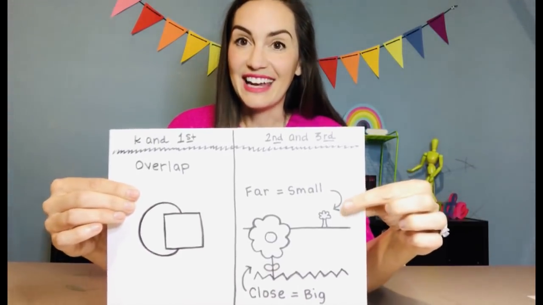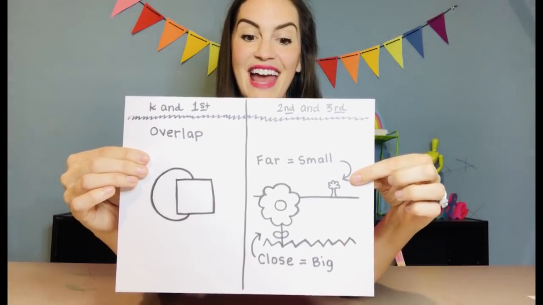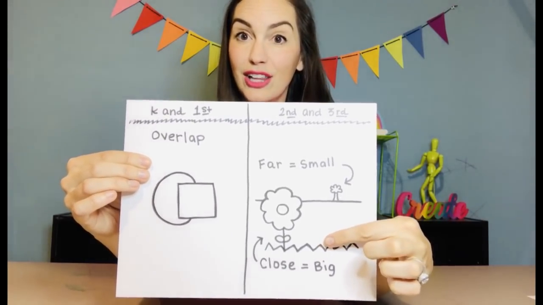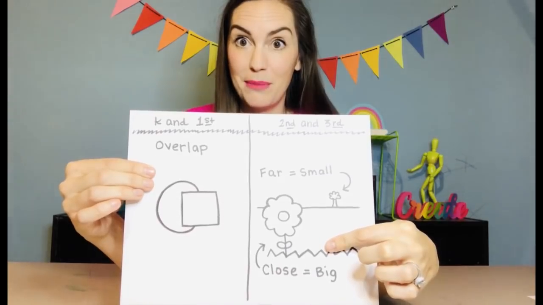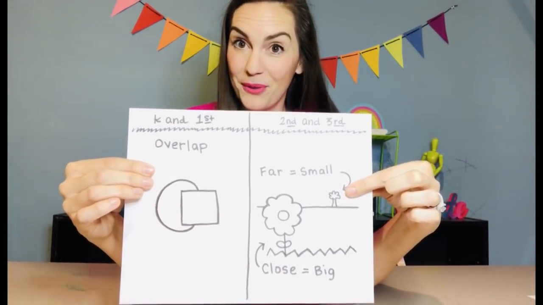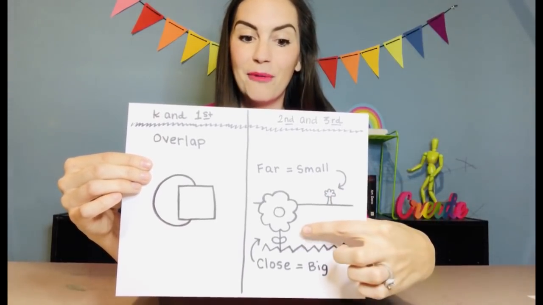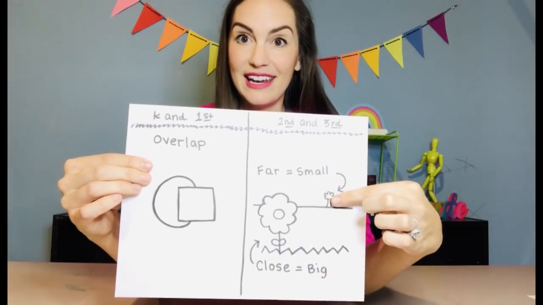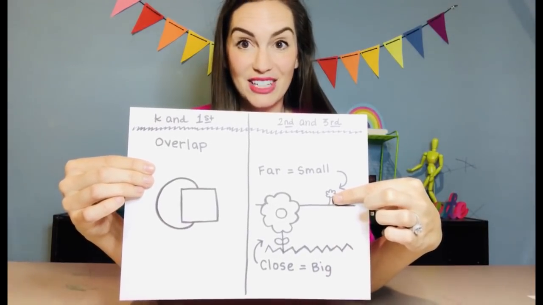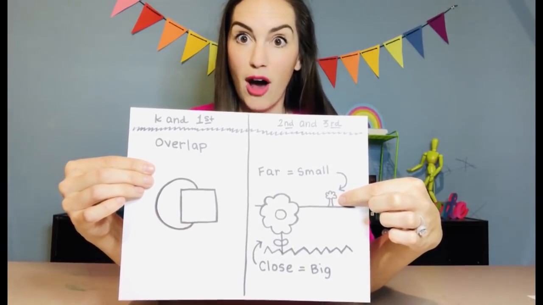If you are in second or third grade, you need to know that an object that is close to you is very big. An object that is far away from you is much smaller. We know that a flower and a tree, if they were right next to each other, would not be the same size, and the tree would not be smaller.